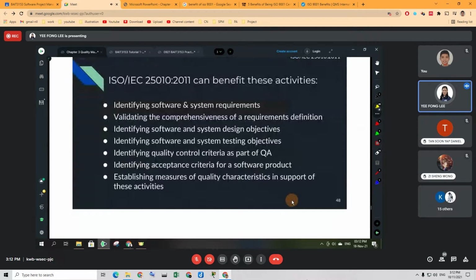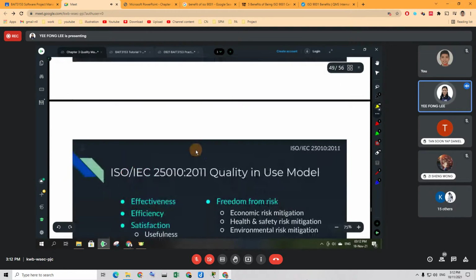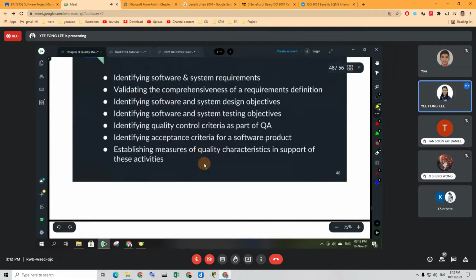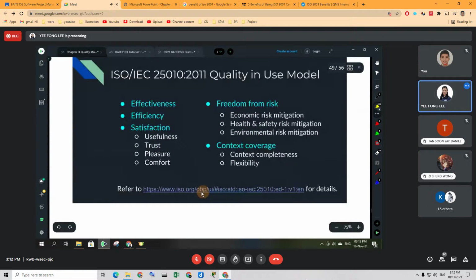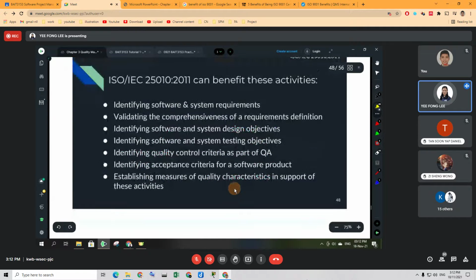What's the benefit here? Look at these slides. Look at the link again. These three slides, the content of these three slides from the reference link. So here listed benefits of following the standard: able to identify the requirement, validating objective, design objective, testing objective, quality control.